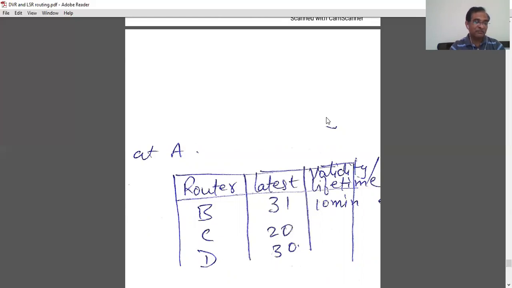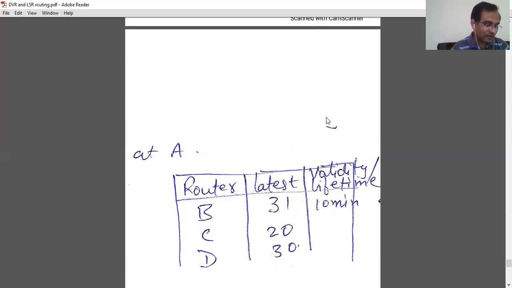To solve this problem, we associate with every packet a validity or lifetime. It is nothing but a time duration, and for some fixed duration we will use this entry. Even though the packet is the latest, after the validity period is over it will be discarded.